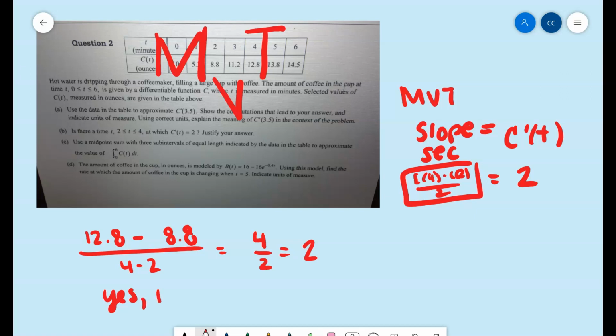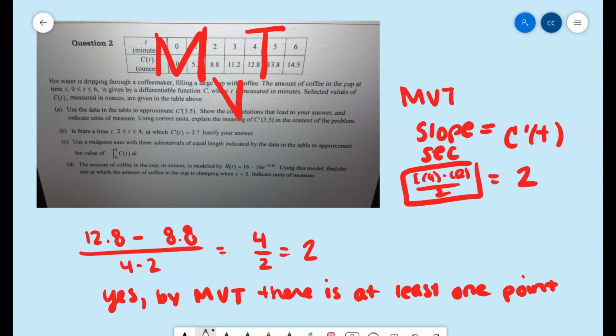We know by MVT that there is at least 1 point in which c prime of t from 2 to 4 will equal 2.